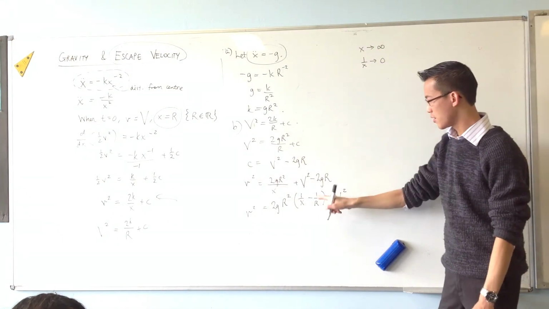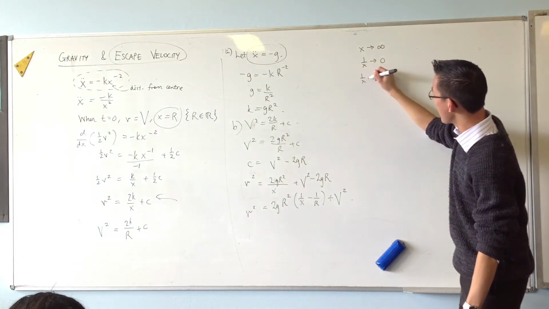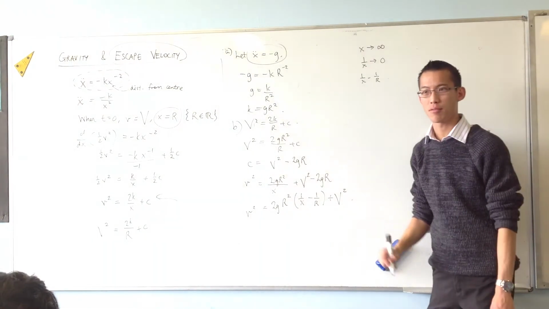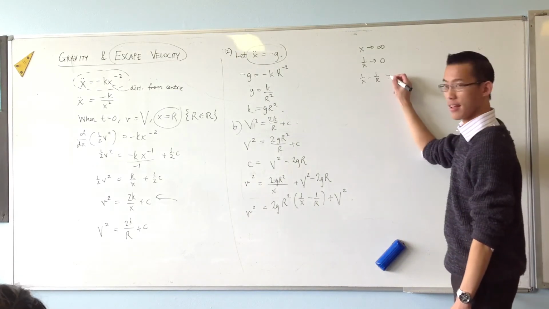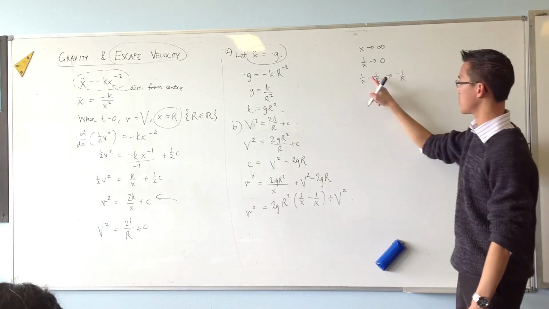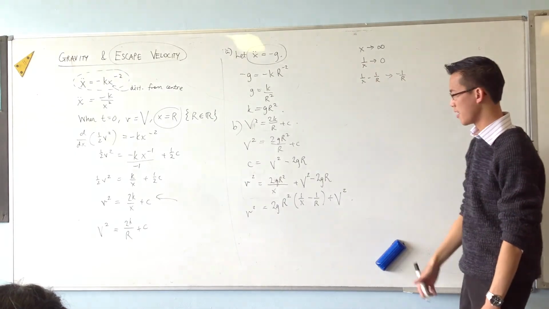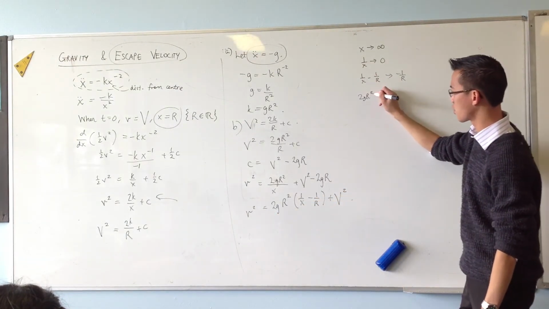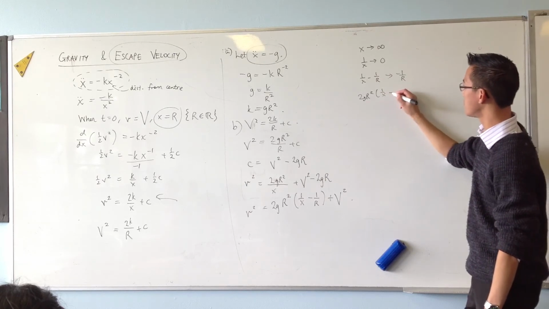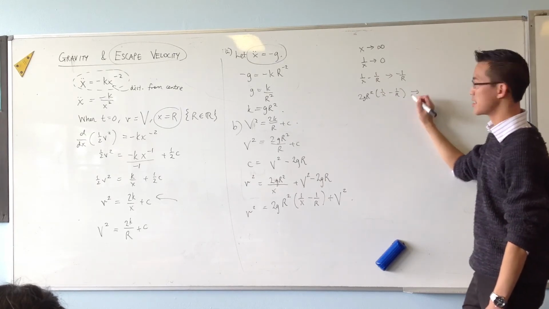So that means 1 over x minus 1 over r is approaching what? It's just approaching that part, because this initial part is disappearing. So therefore, this whole thing, 2gr squared times that, what is that approaching?